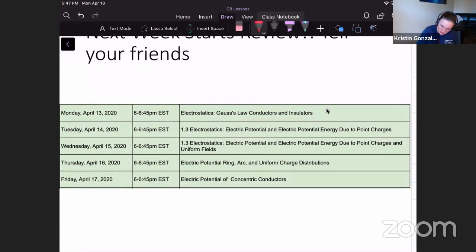Tomorrow, we are going to do electric potential with point charges. Then we're going to do electric potential and electric potential energy. And then we're going to go back and revisit those other distributions we saw the other day, like a line or an arc, along with electric potential. And then we're going to do concentric conductors to lead us into capacitance. So hopefully you will join us tomorrow.